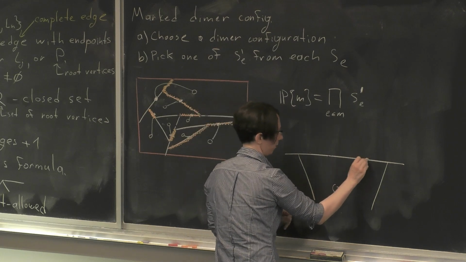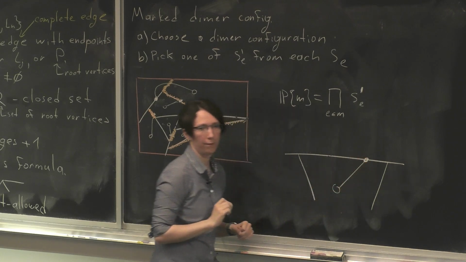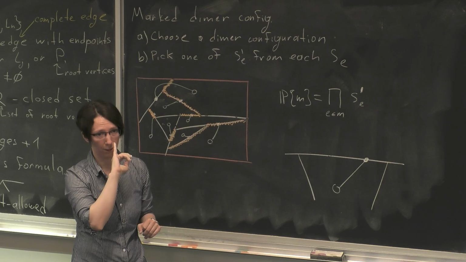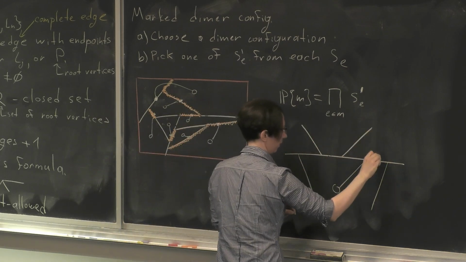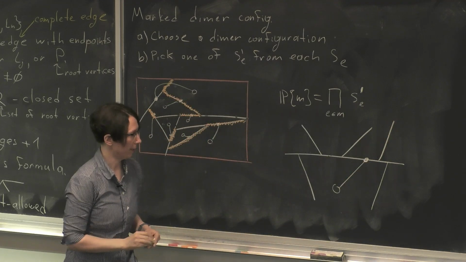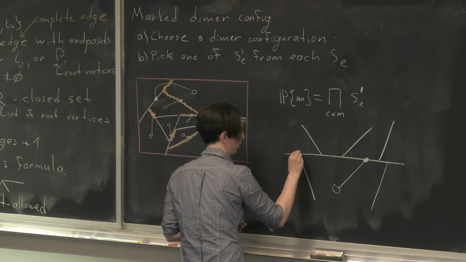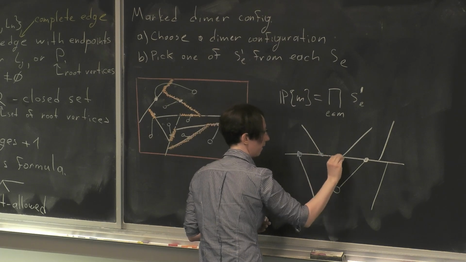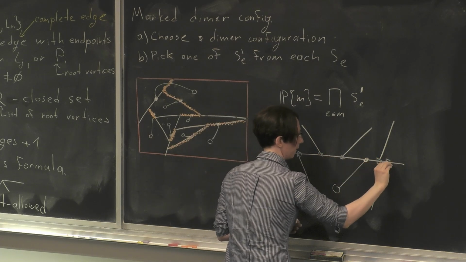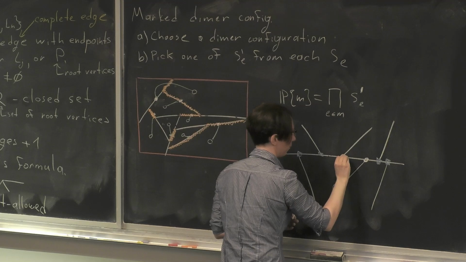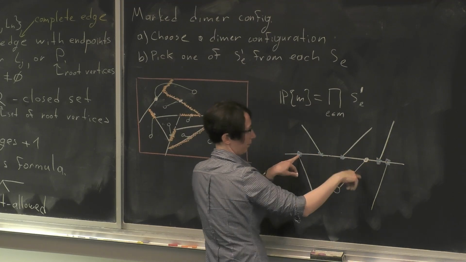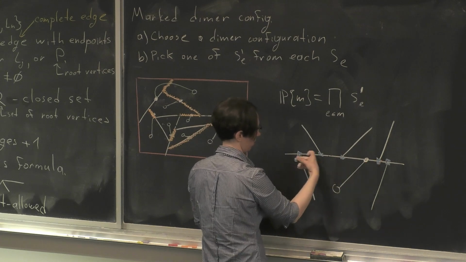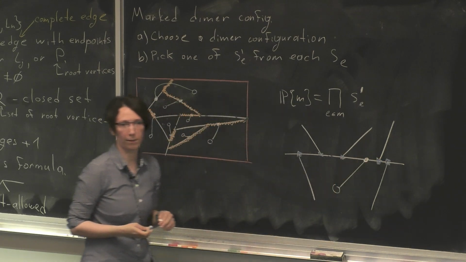I have chosen this edge as a part of the dimer configuration, but this edge can be divided into lots of pieces by the vertices of the T-graph, in this setup into 4 pieces.